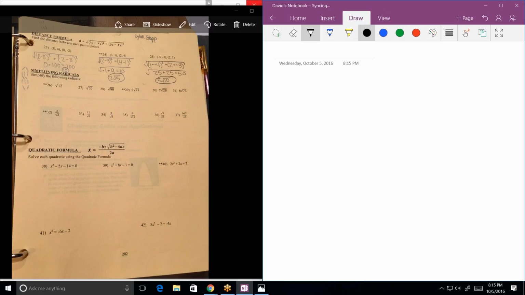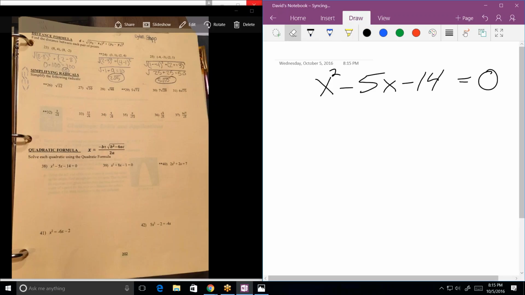Let's apply the quadratic formula. Applying the quadratic formula is not hard, it's just tedious, and you have to make sure you don't make a mistake. That's the secret. So x is equal to what? Probably the best way to do these is to start off by asking what's a, b, and c.